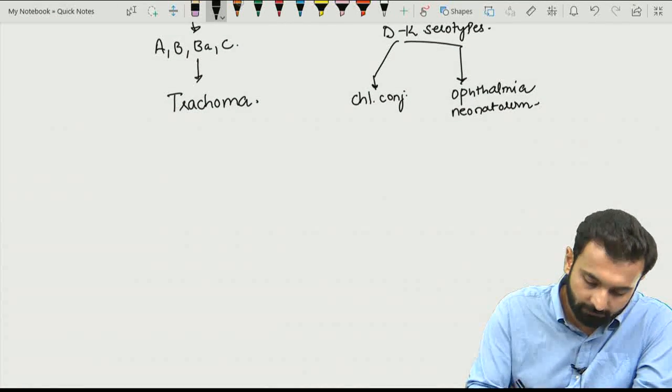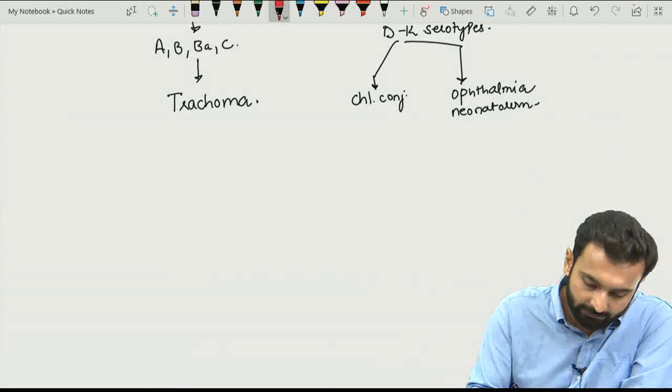Now coming to the transmission of the disease, how the disease is transmitted.